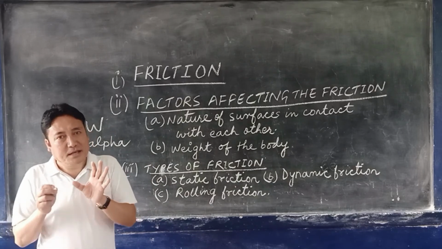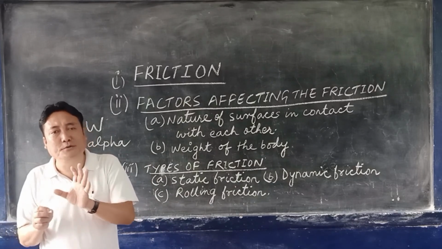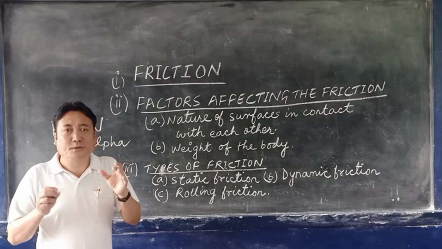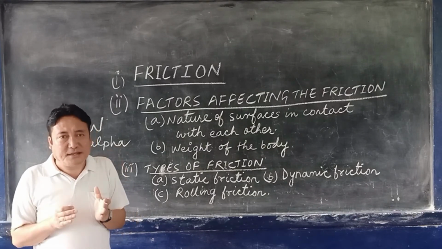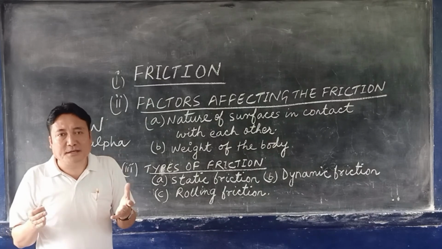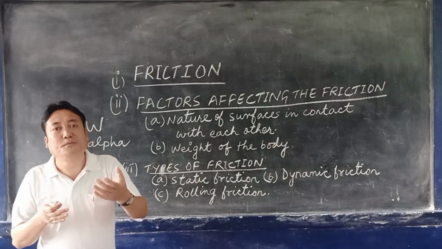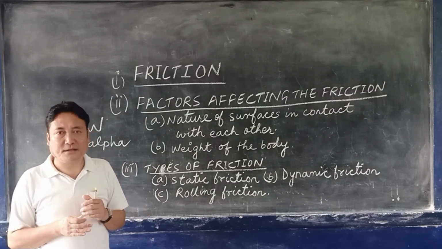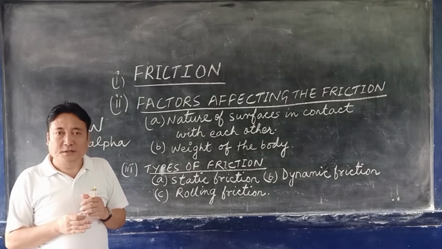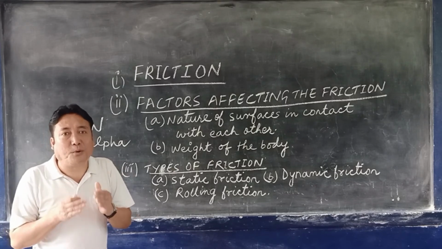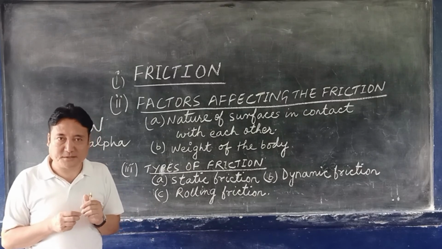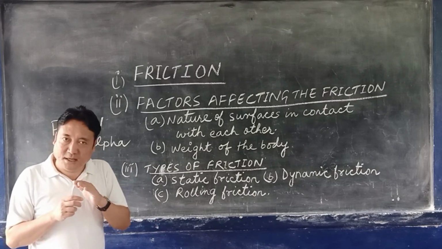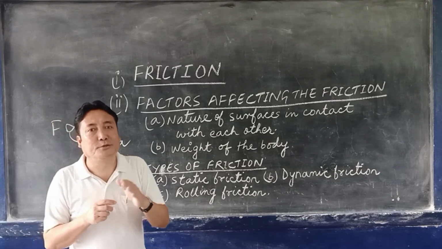Because of the wheels on the vehicle, it becomes easy to move. So this rolling friction makes a body roll on the surface.